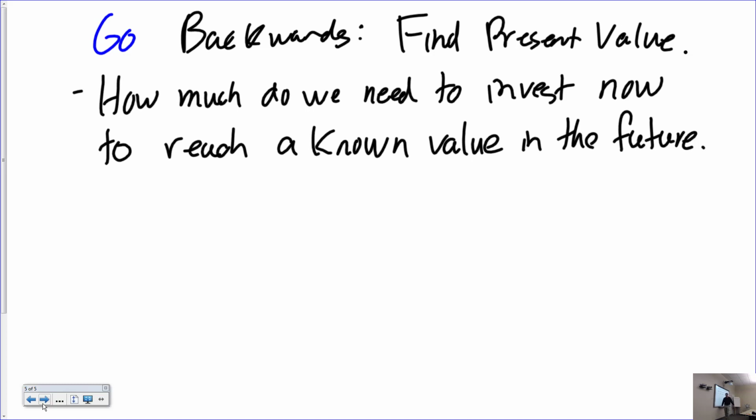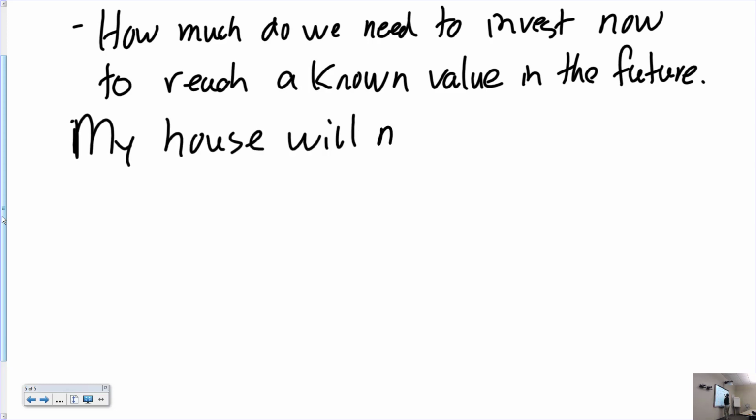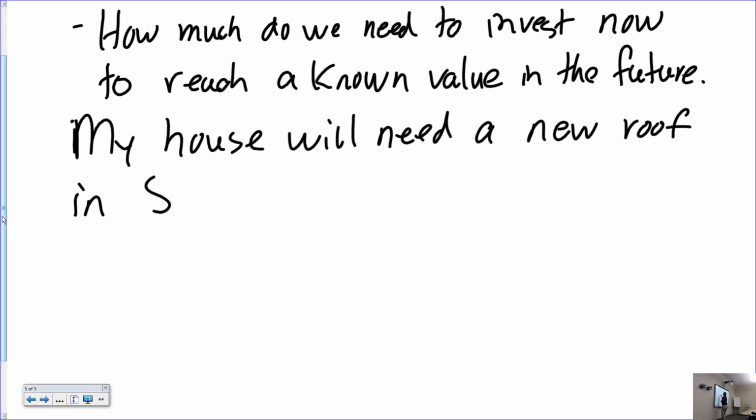Now, why would we ever need to do this, folks? Saving up or something. Duh. Now, the classic example, the example I always like to start with, is my house will need a new roof in 5 years.